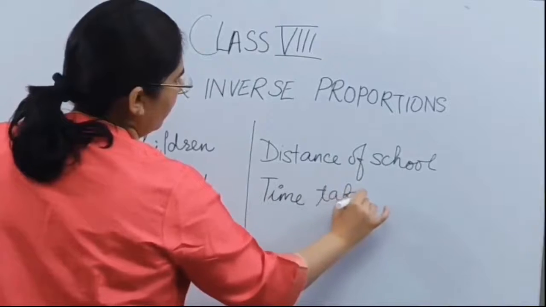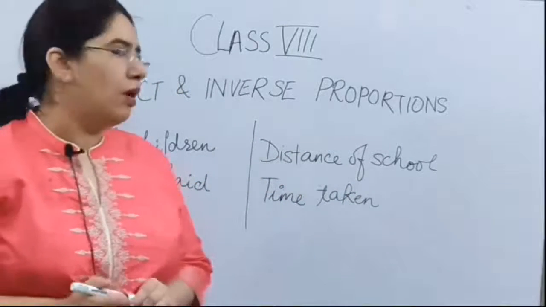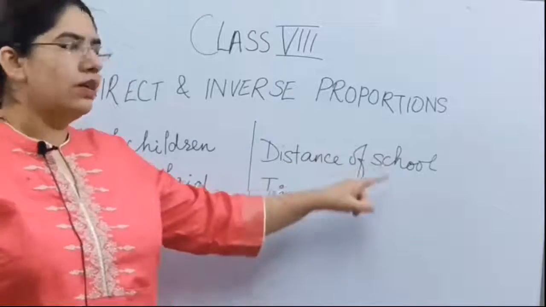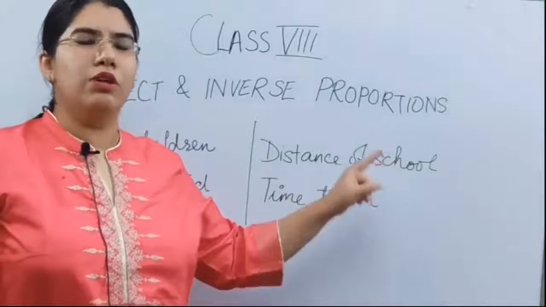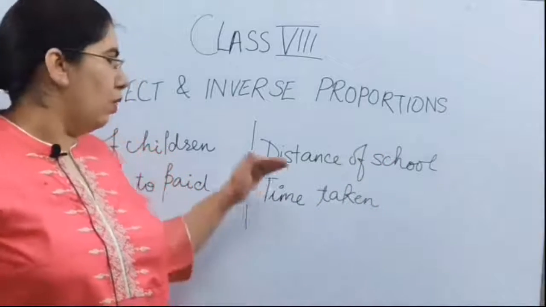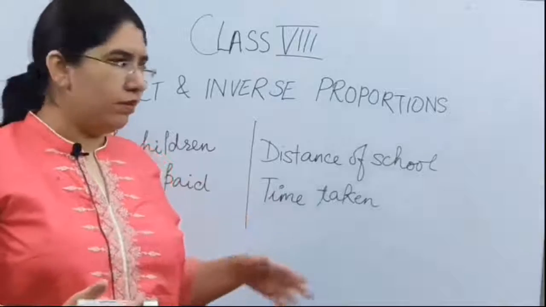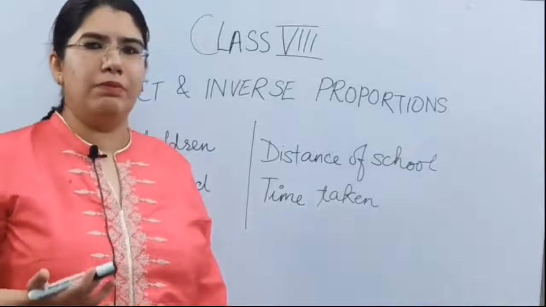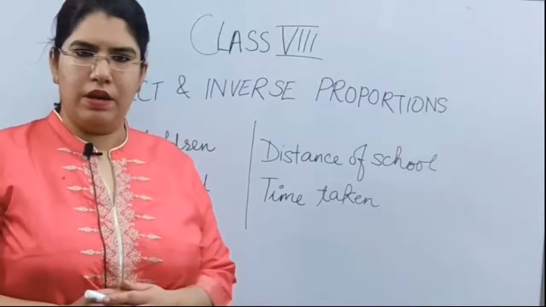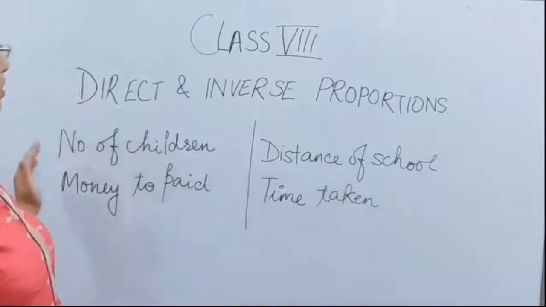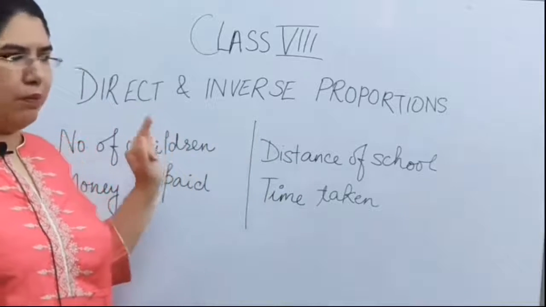We find that there is a direct relationship between the distance from the school and the time taken to reach the school, because as the distance from the school increases, the more is the time that you would need to reach the school. Right? So, this is what is known as direct proportion.